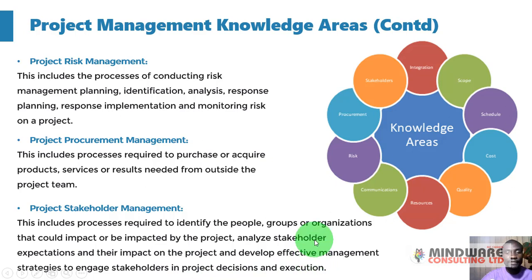This is very, very important, because from the beginning of the project to the end, you're going to be working with different sets of people, different groups, different organizations, and these are all called the stakeholders. So you want to keep them engaged from the outset.